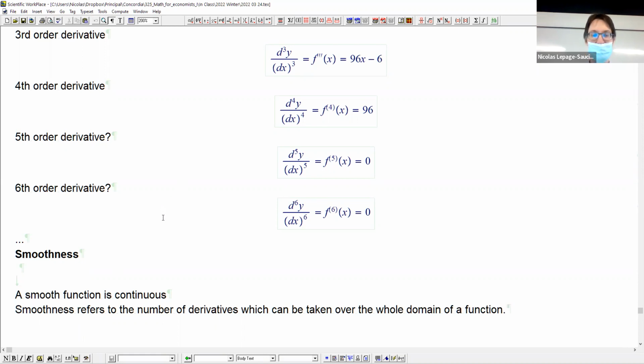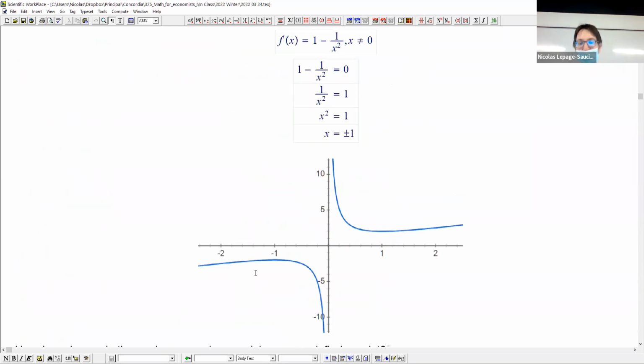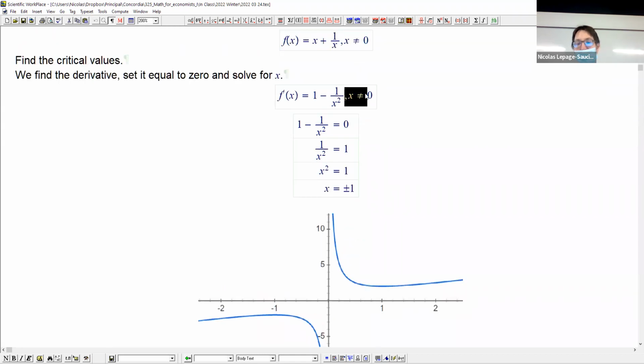And so I'm just going to wait for you to write. So here, would this be smooth? Well, if I say that the whole domain of the function is the whole reals, then absolutely not, because this is totally discontinuous. But since I've said that x isn't zero, I exclude x equals 0.